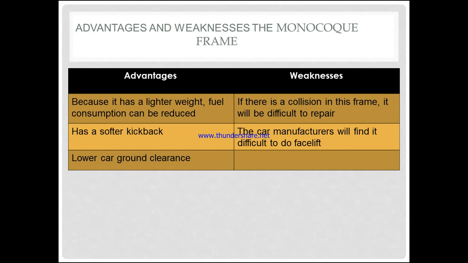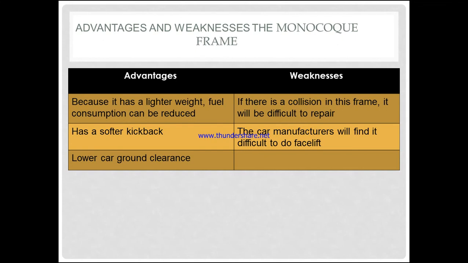Advantages and weaknesses of the monocoque frame. Advantages: because of its lighter weight, fuel consumption can be reduced. Number 2, it has a softer kickback and lower ground clearance.